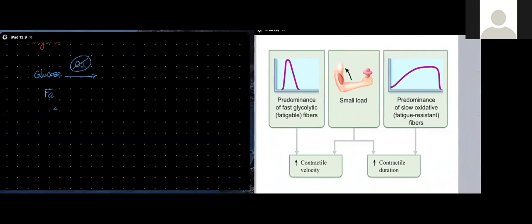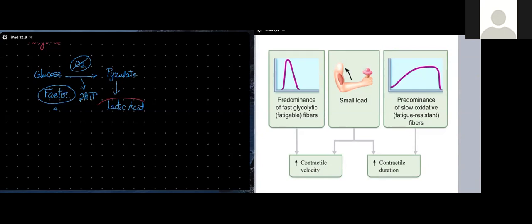All right, so again, if I am breaking down the glucose without oxygen, I will be much faster. But at the same time, what am I producing? I am producing pyruvate that will be transformed into lactic acid. And I'm not producing much ATP, I'm producing only 2 ATP.